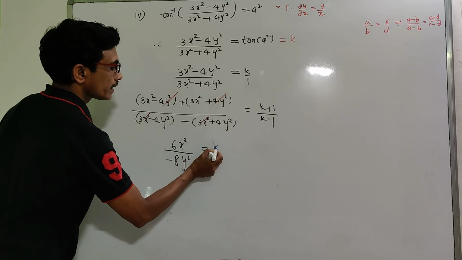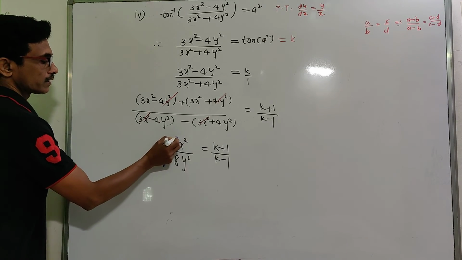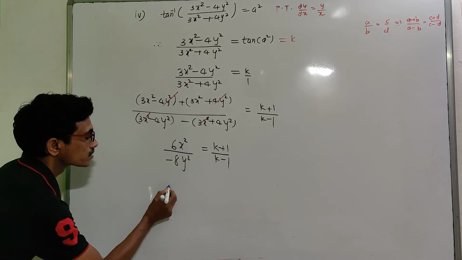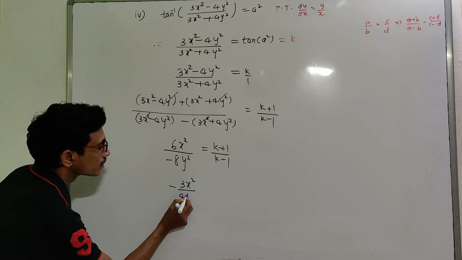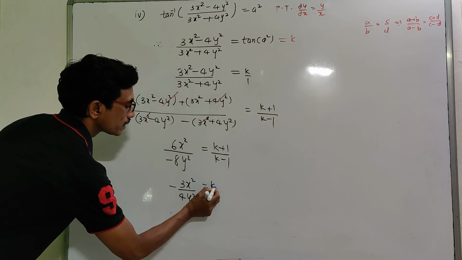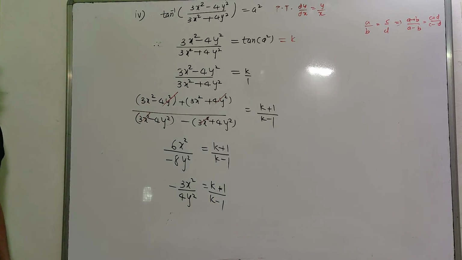Right hand side is (k + 1)/(k - 1). Again this we simplify: minus of 3x^2 upon 4y^2 we can write as (k + 1)/(k - 1).